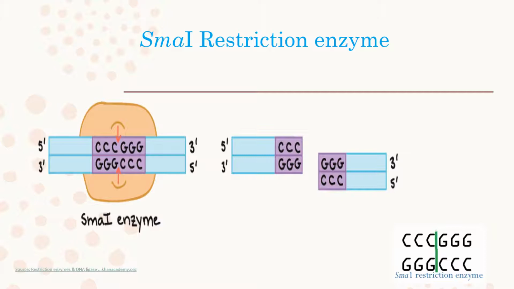The cut sites are between CCC and GGG on the 5' to 3' strand and between GGG and CCC on the 3' to 5' strand. Blunt fragments can be joined to each other by DNA ligase. However, blunt-ended fragments are harder to ligate together.